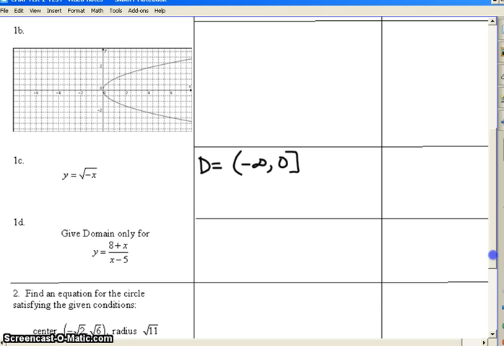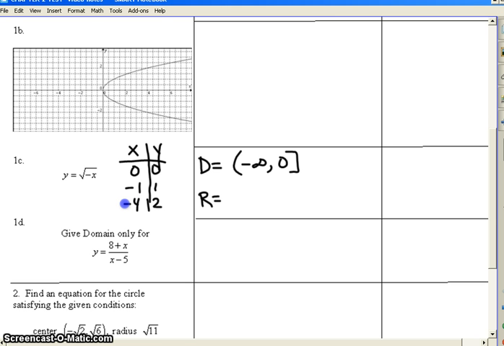Since this is a square root function, the graph's going to look like this. So the range, if we put in some numbers here so we can see what our range is. Starting at 0, square root of 0 is 0, square root of 1 is 1, square root of 2, we'll pick one that's a perfect square, -4, so the square root of 4 is 2.